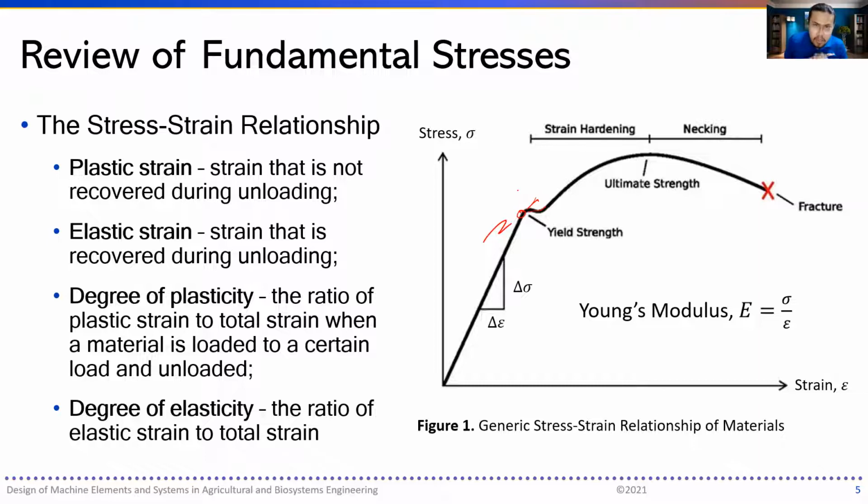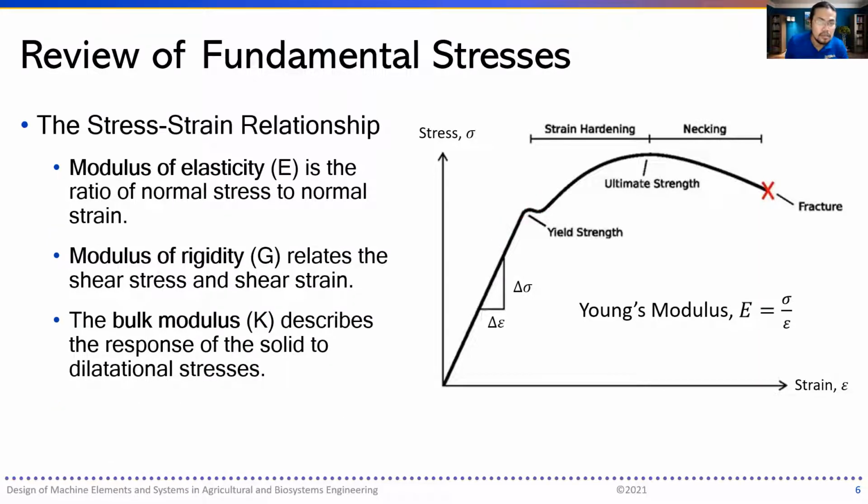Now there are also relationships with respect to your shear strain. That's the modulus of rigidity G, and there's the bulk modulus, describing the response of a solid to dilatational stresses. Now, the direction of this discussion is to take into consideration the normal and shear strain that materials are experiencing during the operation of a certain machine.